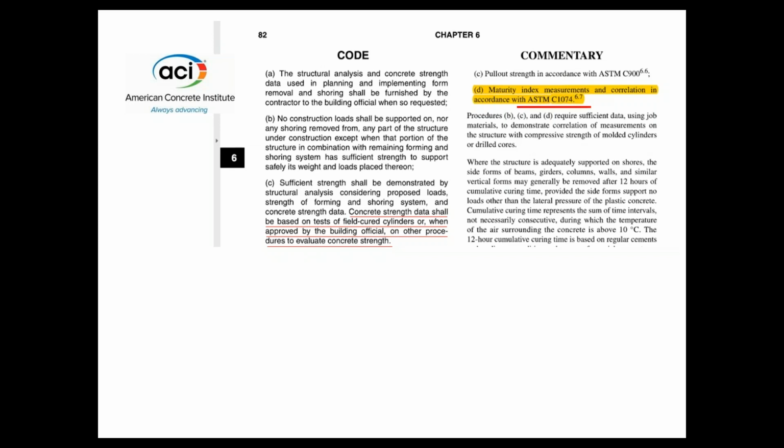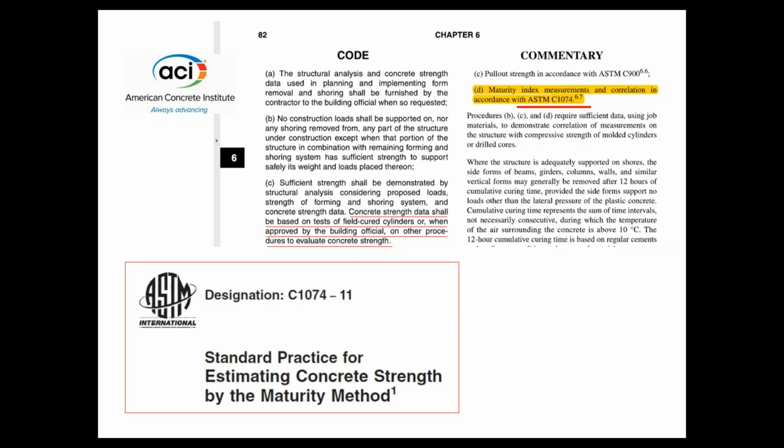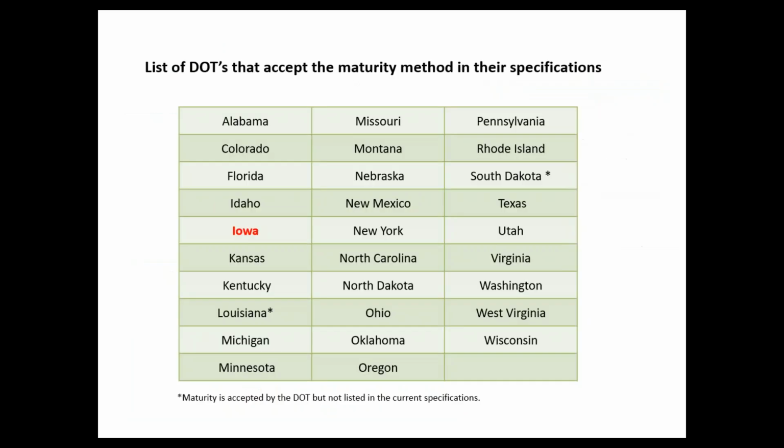ASTM C1074 is the standard practice for estimating concrete strength by the maturity method. It's also been referred to in other ACI guidelines, and most of the DOT specifications now have this standard or guideline in them, especially for fast-track projects, to use concrete maturity for real-time strength monitoring in the field.